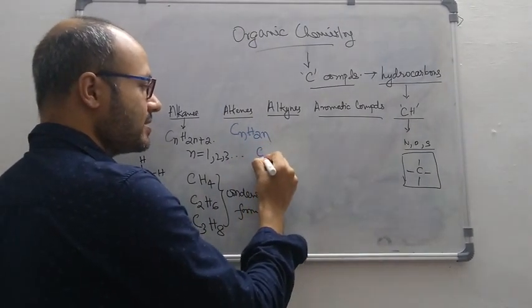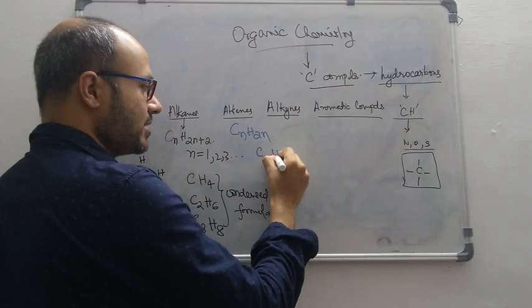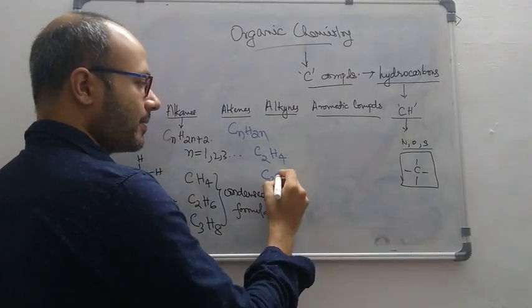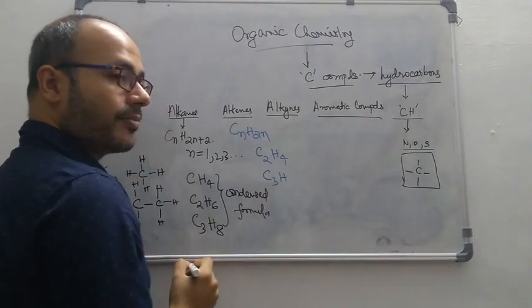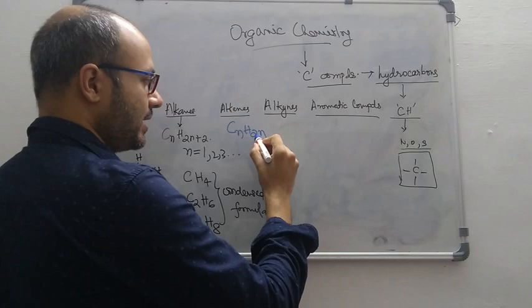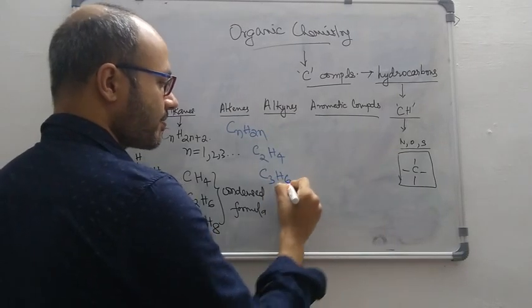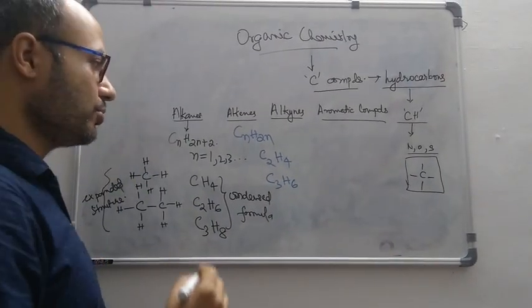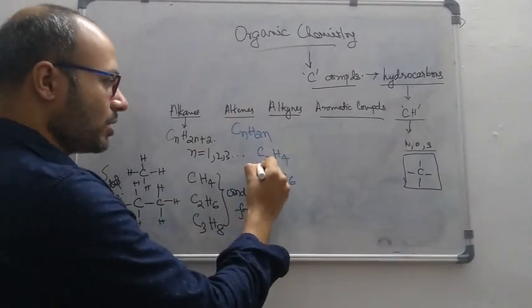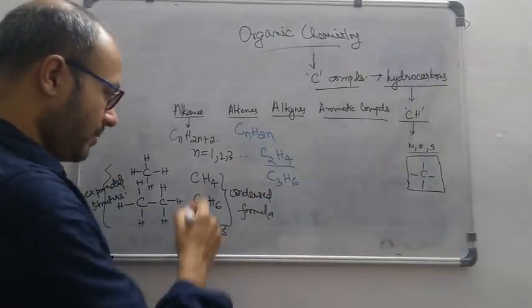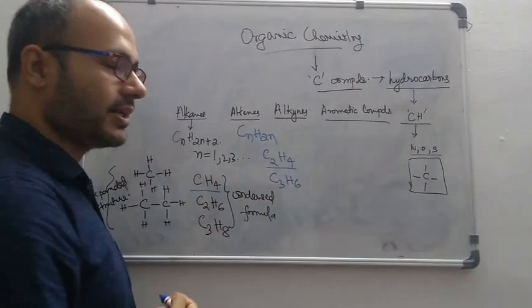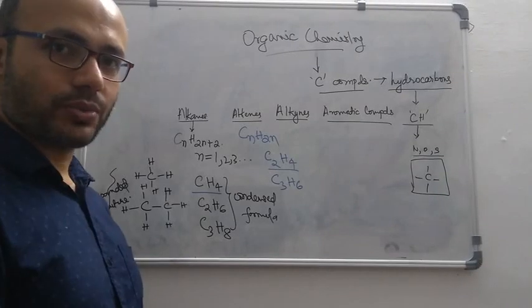The simplest would be C2H4, then C3H, 3 twos are 6, so C3H6. Did you notice one important thing? For alkenes, the simplest one is C2. But in alkanes, the simplest one was 1 carbon atom. The simplest one in alkenes is C2H4.